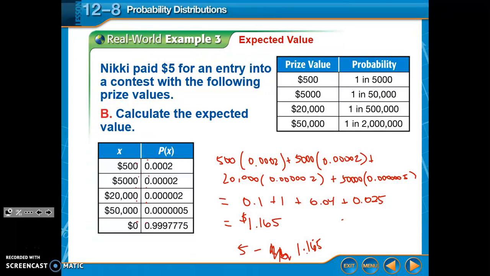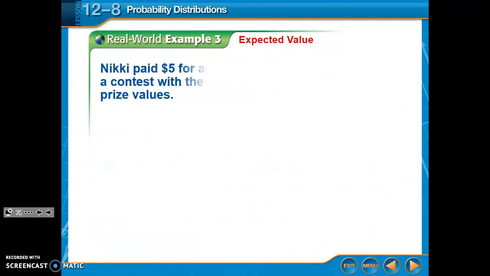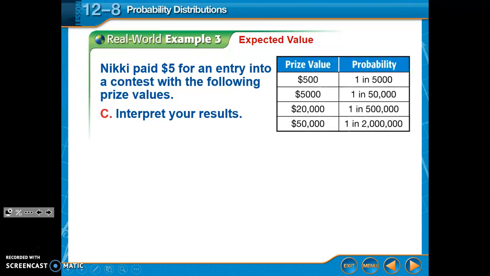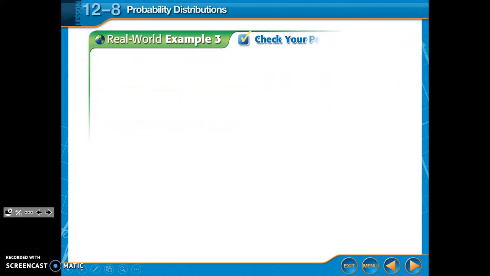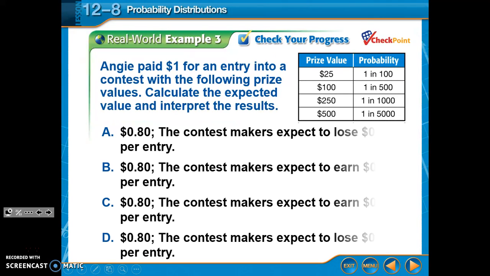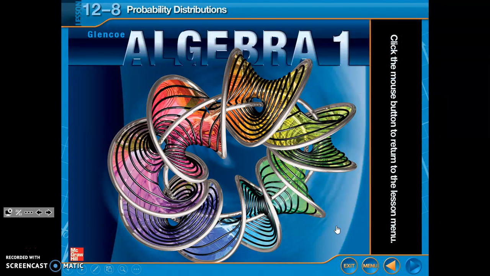So 5 minus that, they would expect to make $3.84 for every entry that they made. Which is what I just did, so I just interpreted that, that was part C. All right, you guys try this one. And that is lesson 12.8.